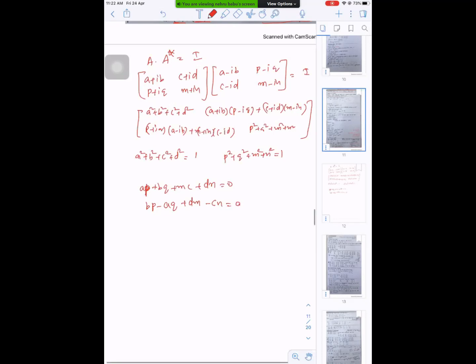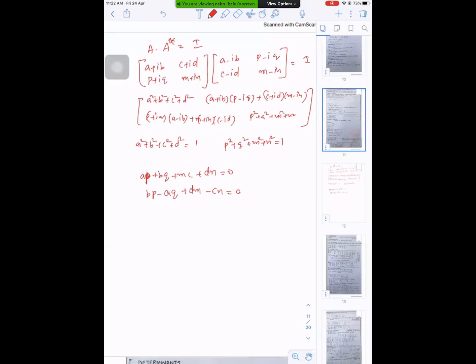Okay, one minute. Now here, when you are finding the det, what will you get? Because our doubt is mainly about the det only. Det is what? A plus iB into M plus iN: AM minus BN plus i into BM plus AN.